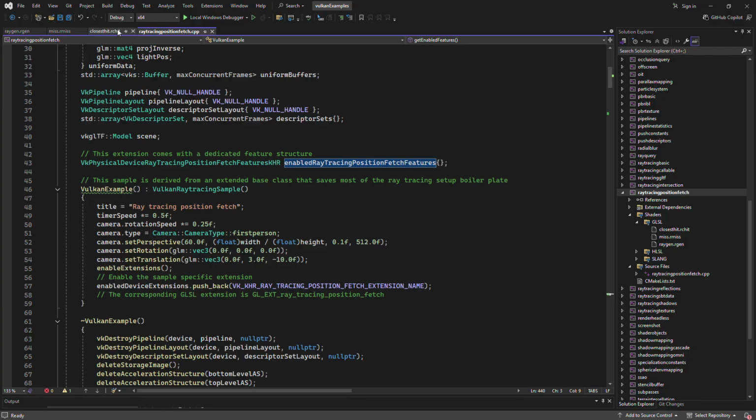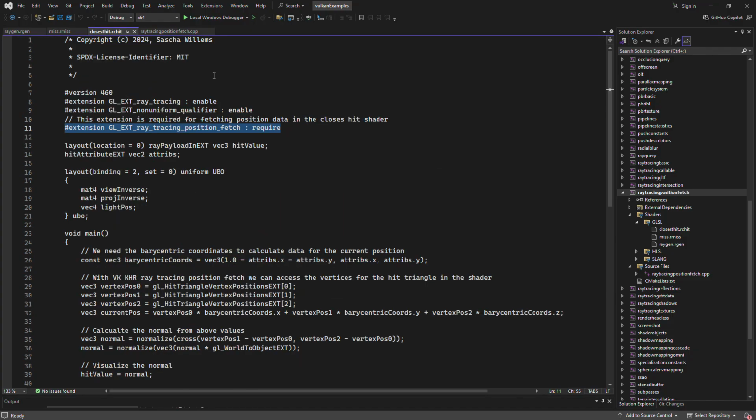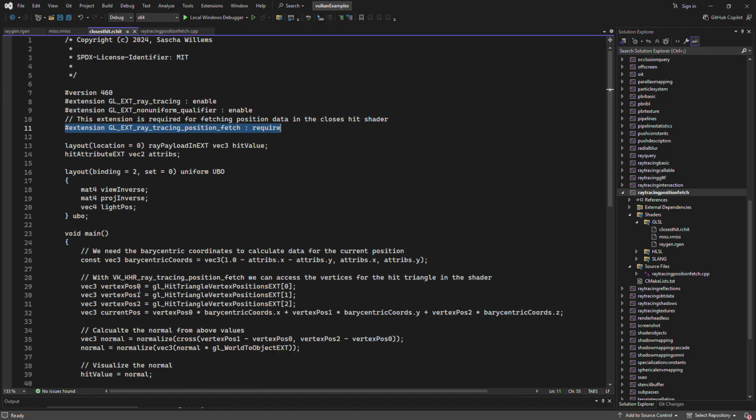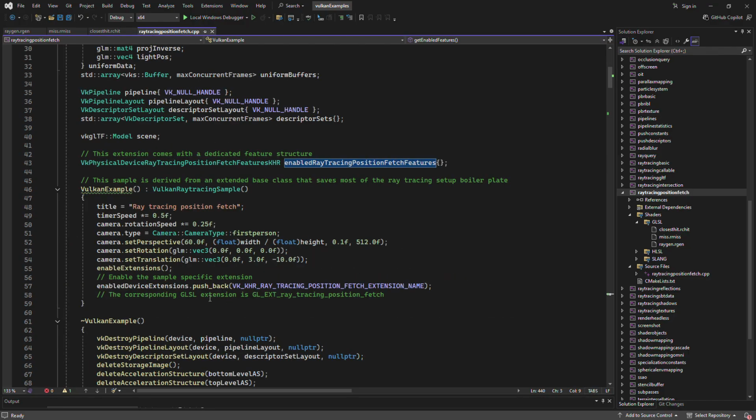So this guy is this guy here, but in the sample enable device extensions, this guy enables the shader to access gl_HitTriangleVertexPositionsEXT. So the shader can access these guys right here, right? That's what this is for. All right.